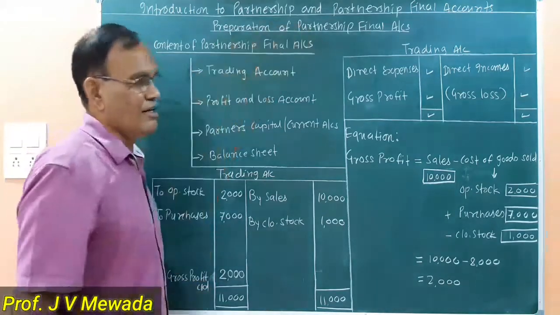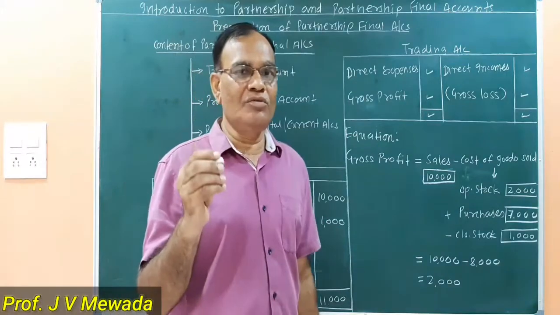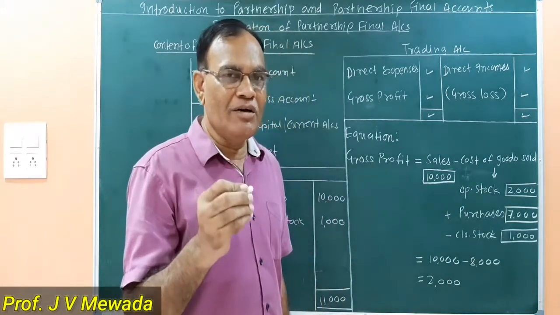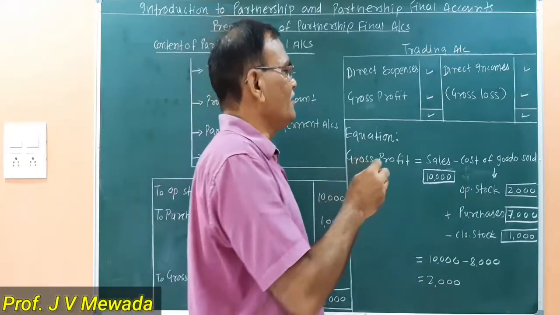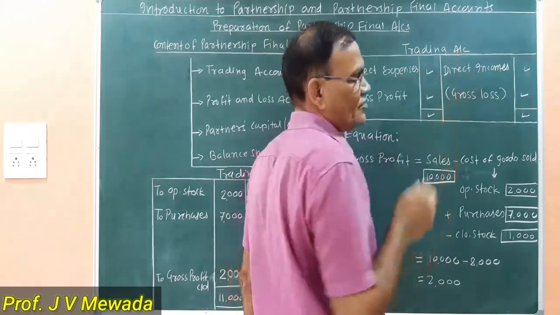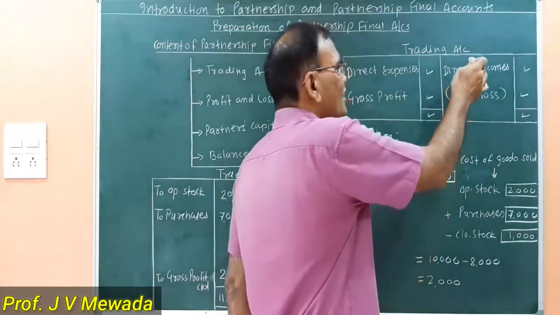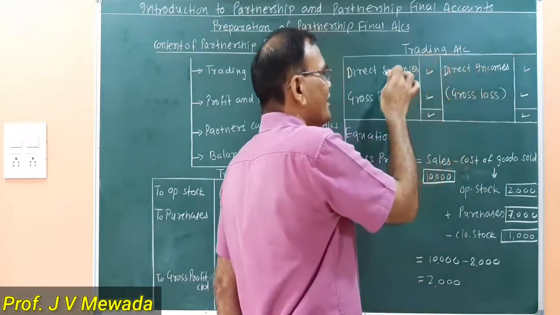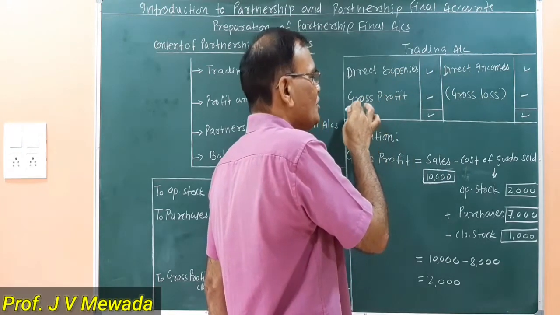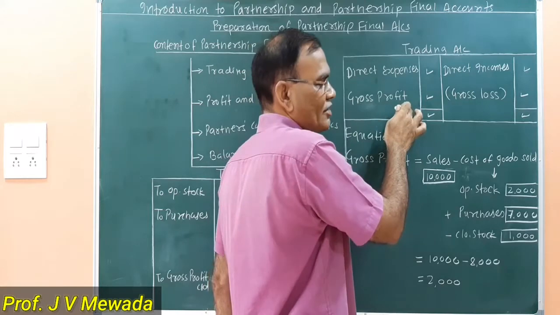Now what is the trading account? The trading account is a nominal account. In this account, we are comparing direct expenses with direct incomes. If the direct incomes are more than the direct expenses, the difference will appear on the debit side, which is known as gross profit.